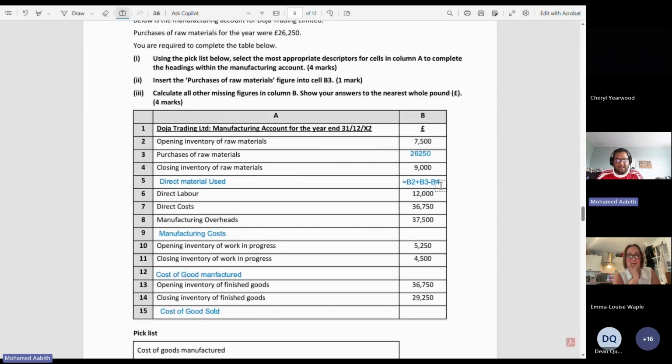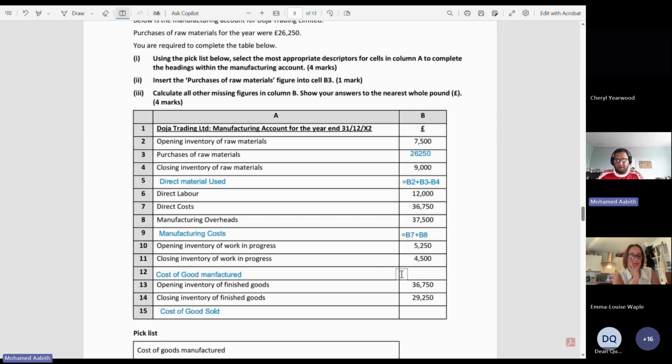Then whatever that number is, if you add the 12,000 pounds to it, you will get the direct cost. And then you add to that direct cost the manufacturing overhead. So the formula here will be equal to B7 plus B8.